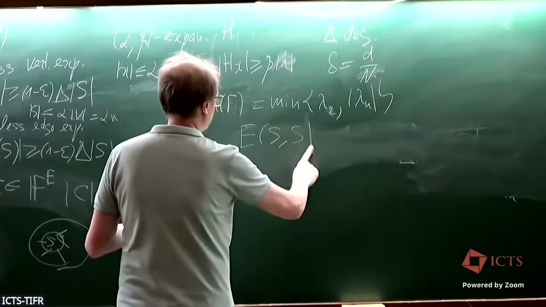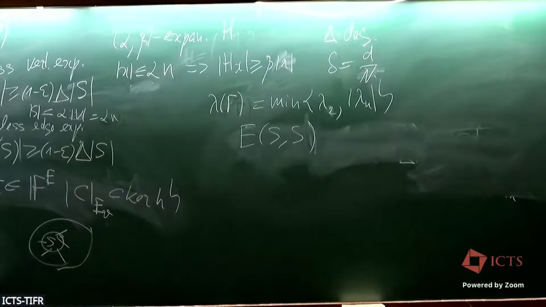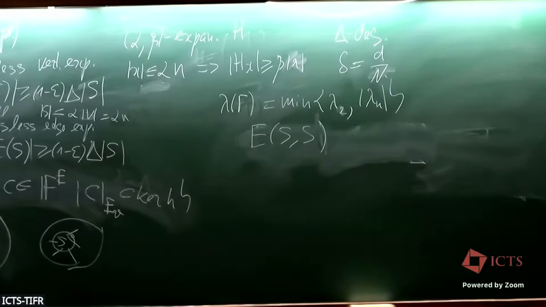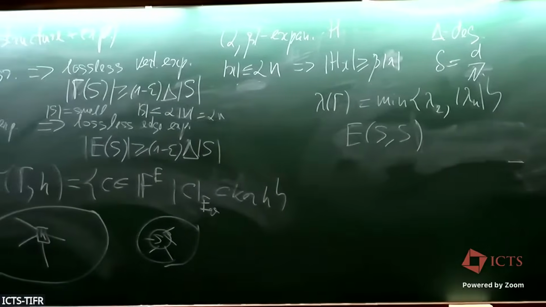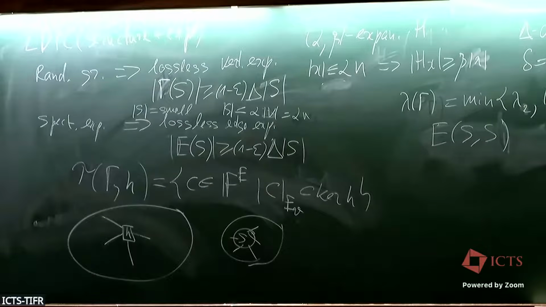So the main point here is that if we have some sufficiently small code words, they involve a small number of edges. Since it involves a small number of edges, these edges are connected to a small number of vertices.